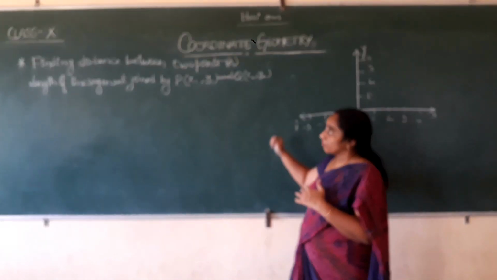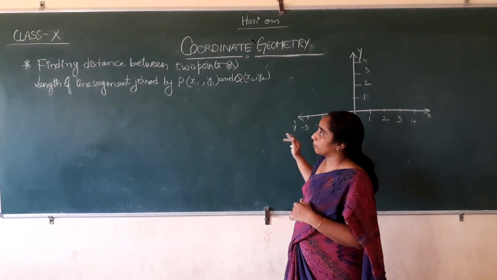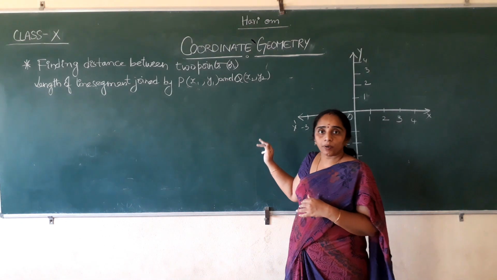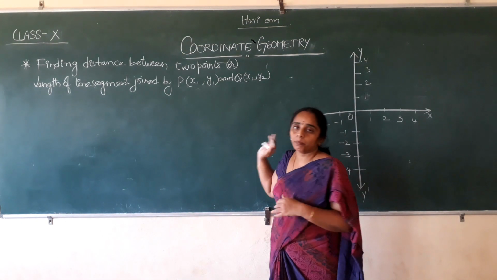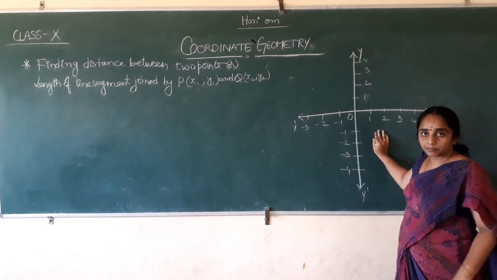Now here, finding the distance between 2 points, or the length of the line segment joined by 2 points in a Cartesian plane. Here we have a coordinate system.